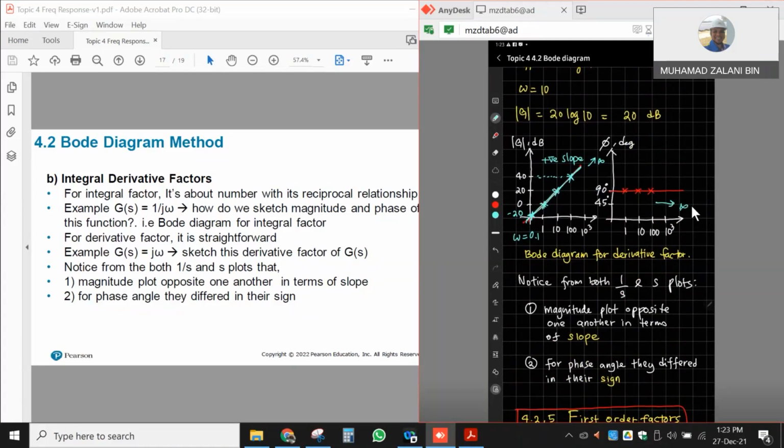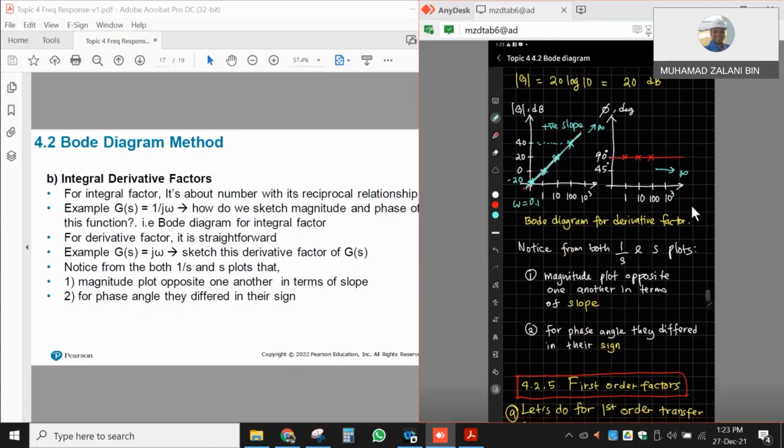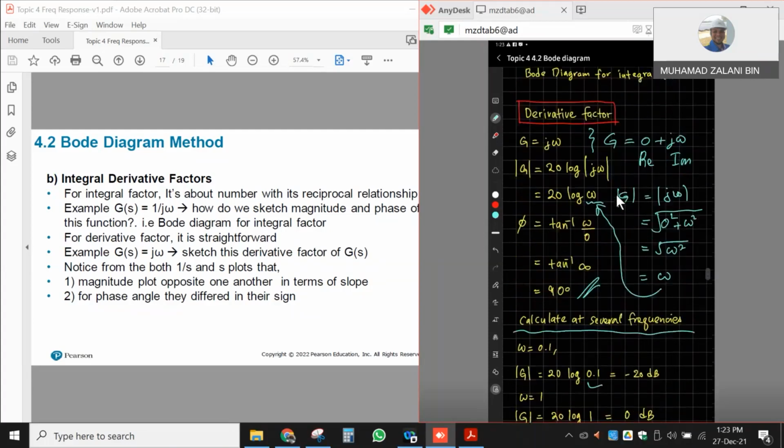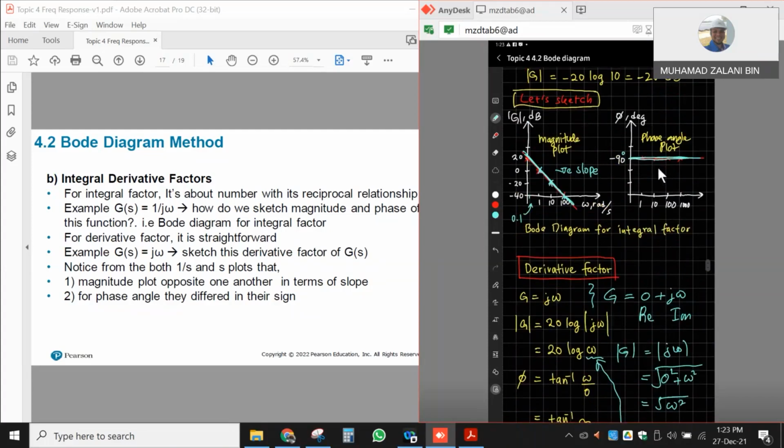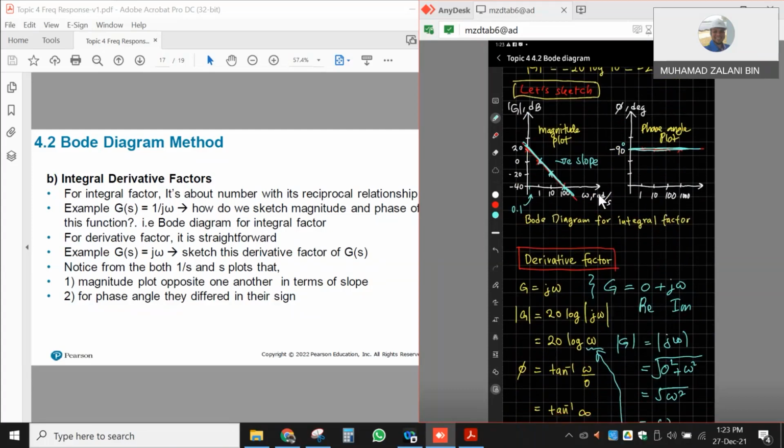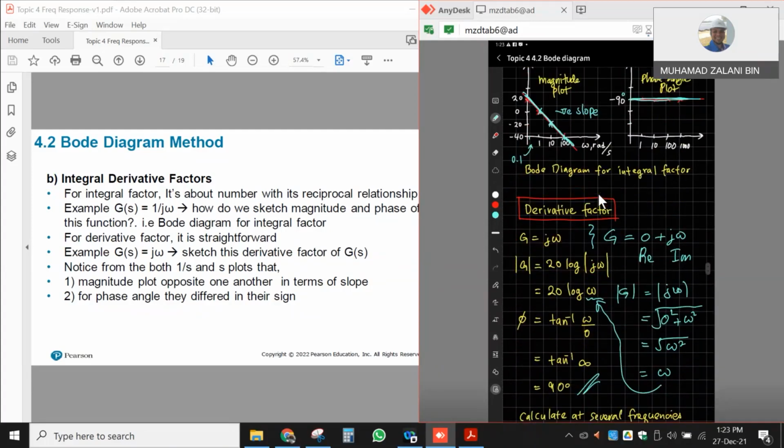All right, that is for the angle. So this is the representation of the Bode diagram for the derivative factor. If you compare with the Bode diagram of the integral factor, it is basically opposite. It is basically opposite for the corresponding magnitude and phase angle plots.